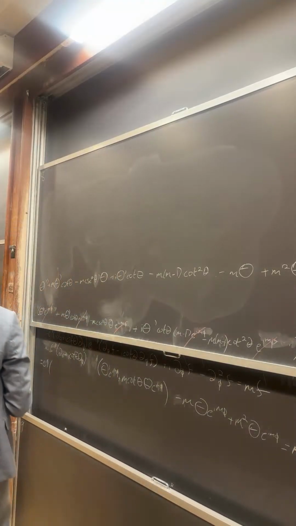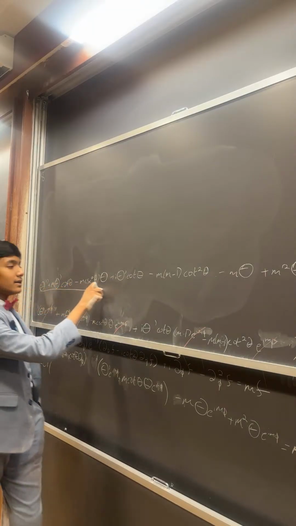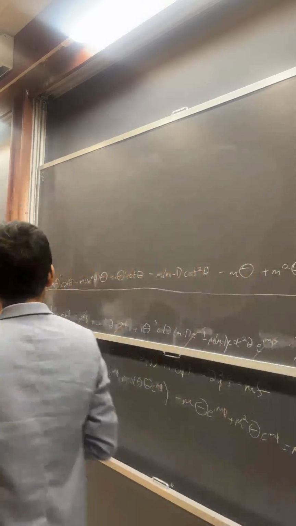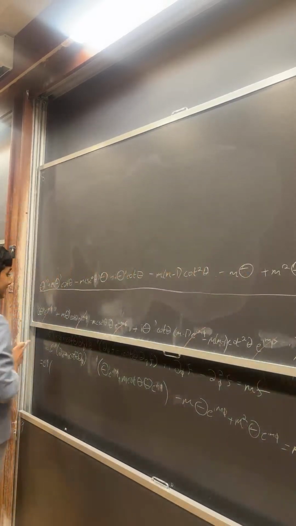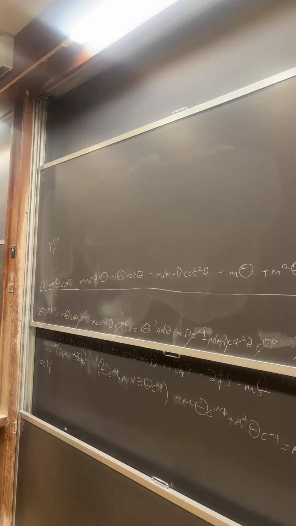And now, I want to comment on the remarkable fact that this thing, when you multiply it by sine squared theta, is exactly the equation solved by the spherical harmonic. This guy, from when we were solving the radial Schrodinger equation.